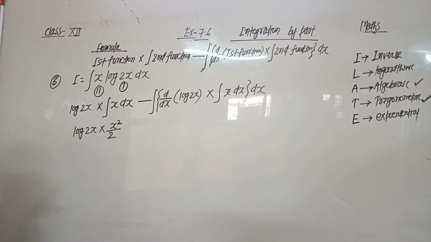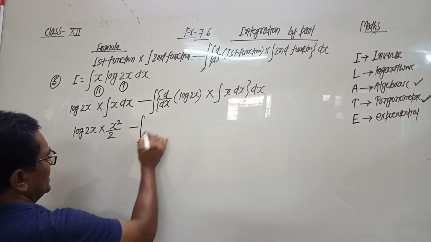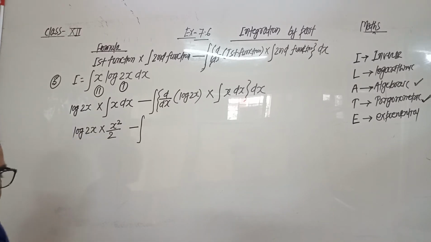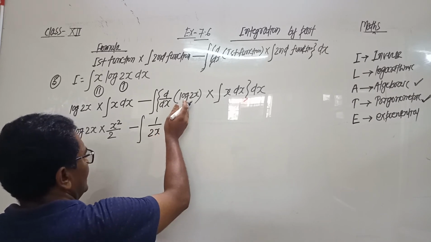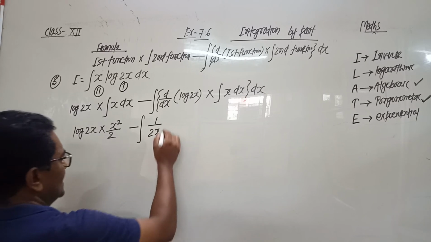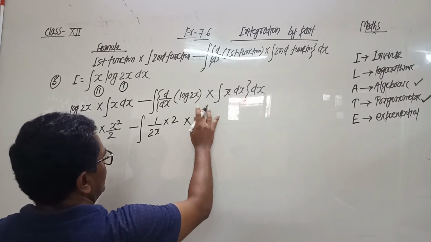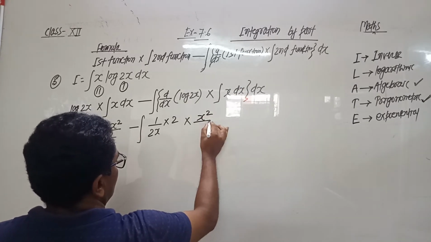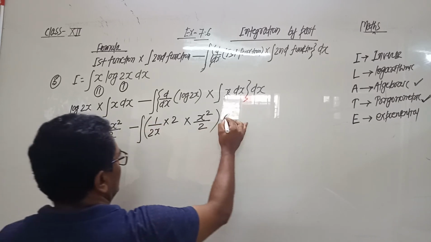Minus integration of the differentiation of log 2x. So the differentiation of log 2x is 1 by 2x, and then remove log, then differentiate 2x, and the differentiation of 2x is 2, into integration of x dx. So the integration of x dx is x square by 2 and whole dx.